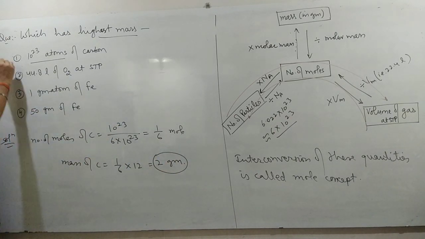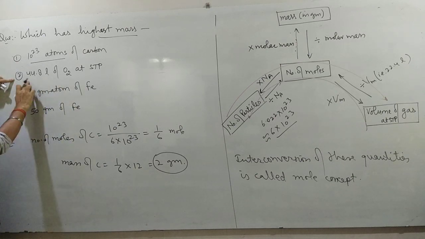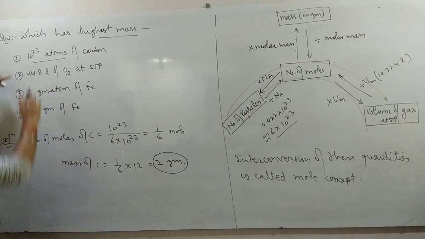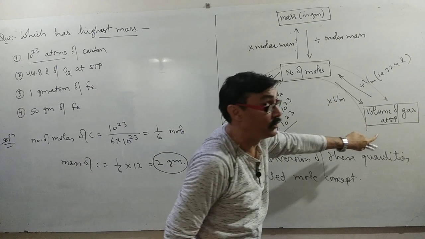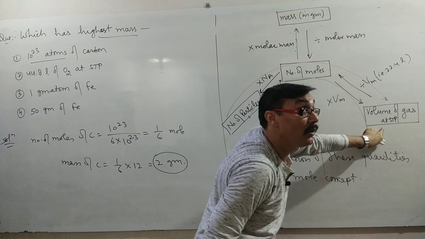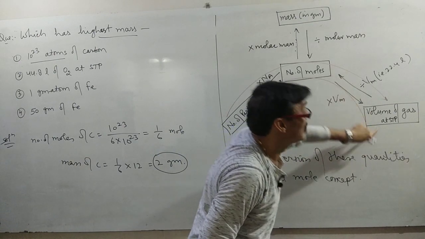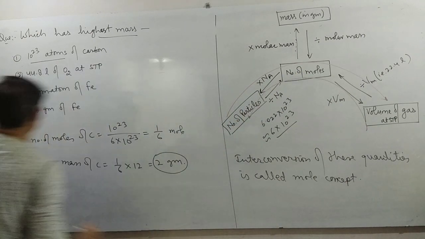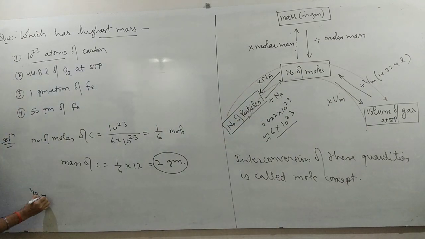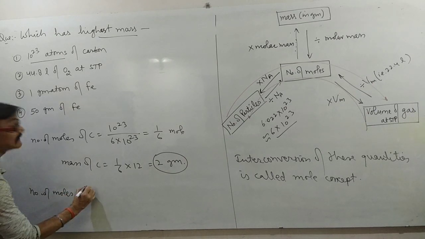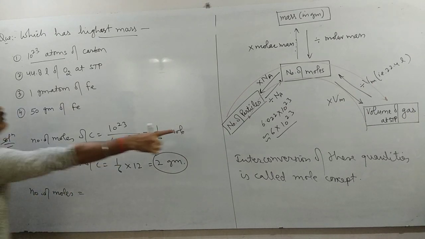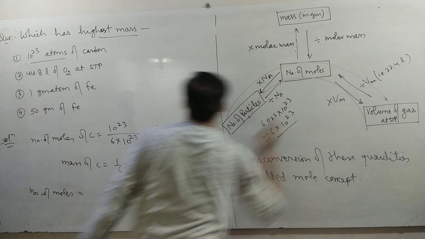Now to find the mass of 44.8 liter, to find the mass from volume, first of all find number of moles from volume. So number of moles is volume divided by molar volume.